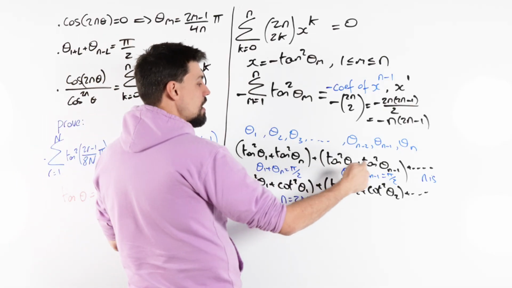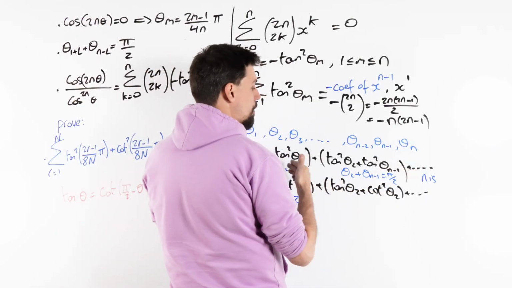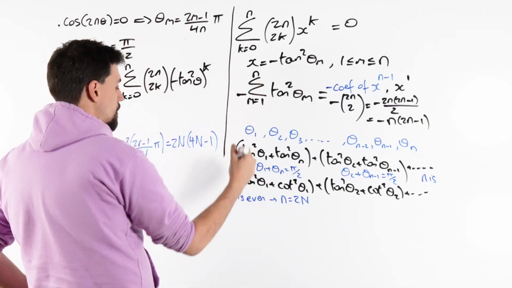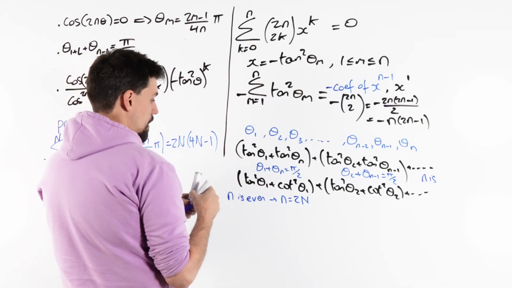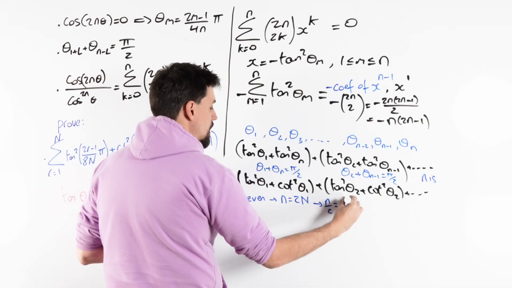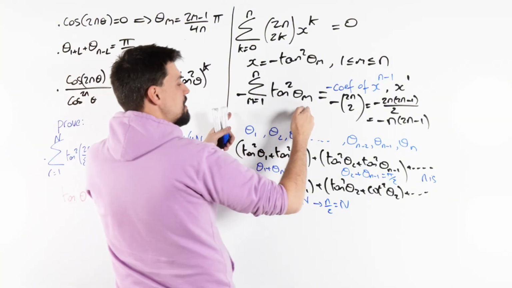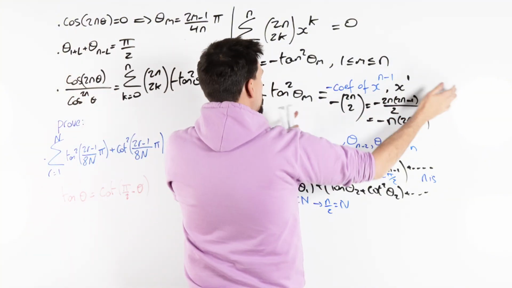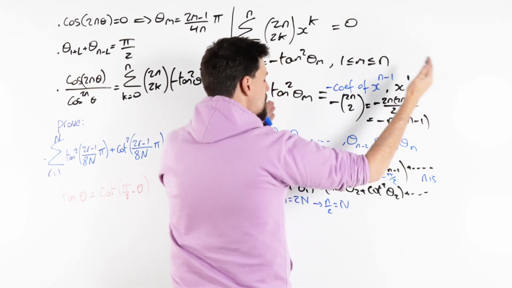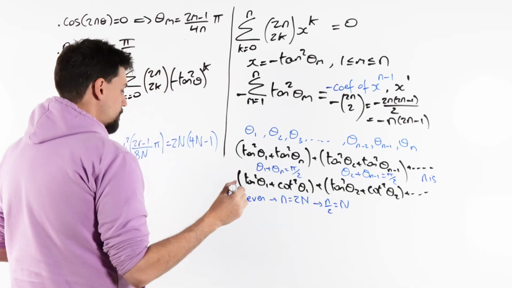Now I'm not summing all the way up to n. I'm going to take half of it. So when I do this, I am summing up to n over 2, and n over 2 is just N. By doing it this way, I've taken the sum up to n over 2, and the second half of this sum I've splattered back down here in the form of the cot squareds.